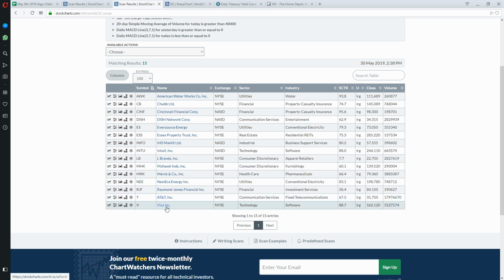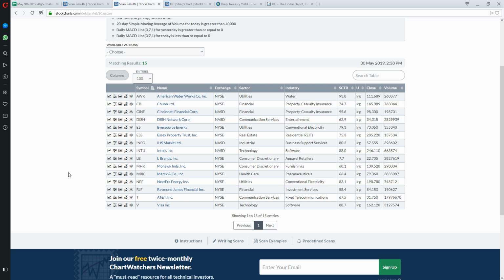Visa, which is on the watch list, has a downside 3-7 crossover, but neither of those have bearish signals associated with them. Okay, Merck, another pharma, big drug maker, a few financials, some of the more regional types, L Brands, Mohawk. So anyway, those are them.